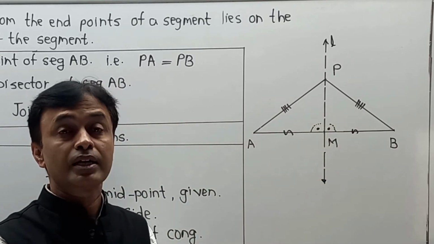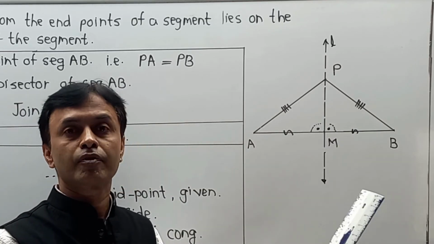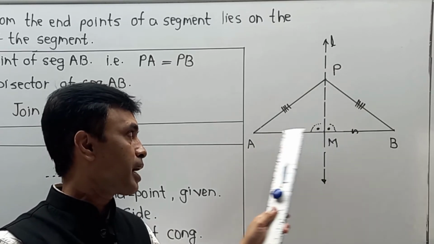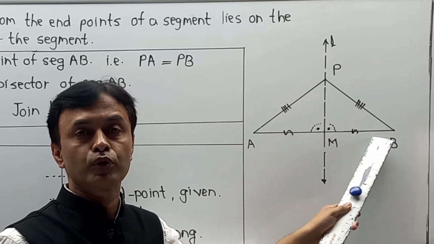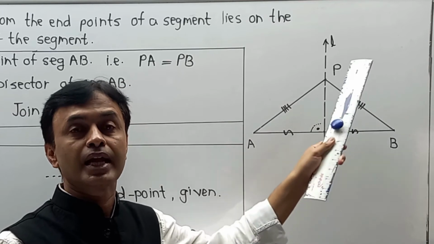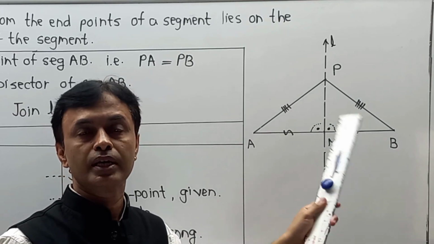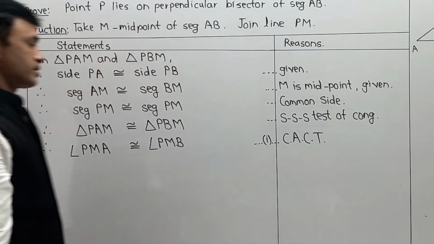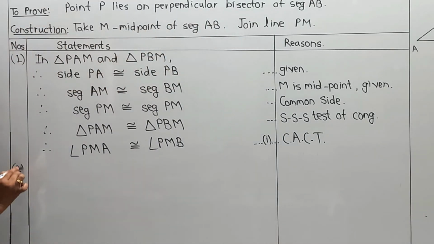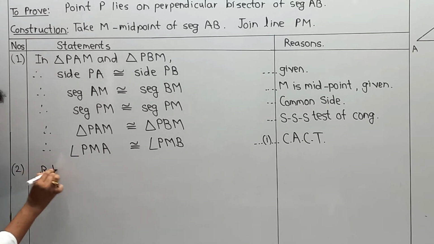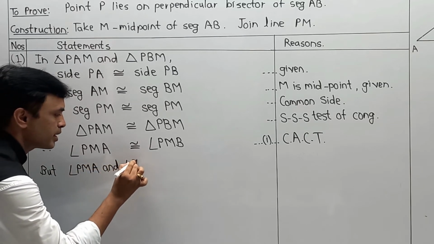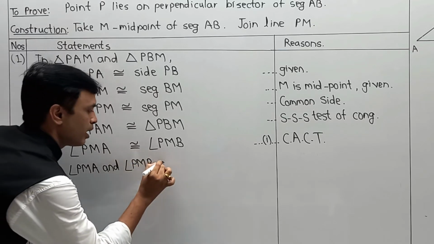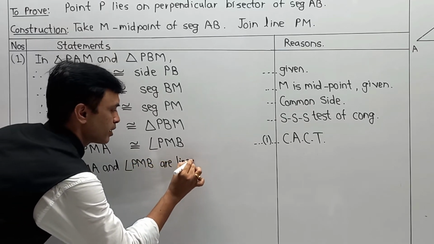But in addition to that, we know that these are nothing but a linear pair of angles, meaning angle PMA plus PMB is equal to 180 degrees. If the addition of both is 180 and both are congruent, naturally each is 90. But how to write it? Pay attention over here. Second, angle PMA and angle PMB are a linear pair of angles.